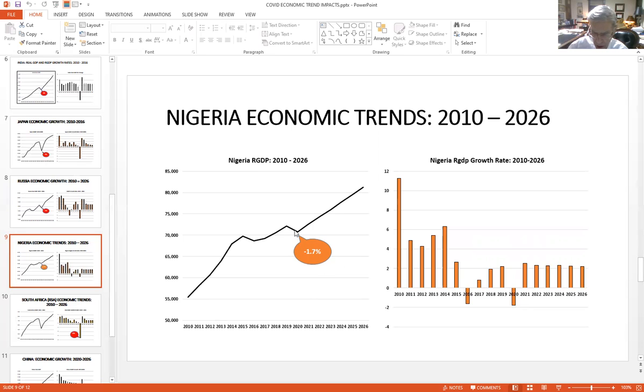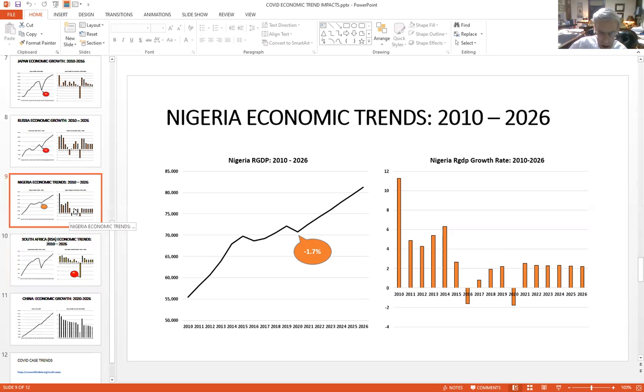Did Nigeria's economy drop by less than 2% in 2020 when healthcare facilities and availability of vaccines were both fairly meager? I suspect that this is an understatement, but because Nigeria does have a petroleum industry, it will behave very similarly to Russia.